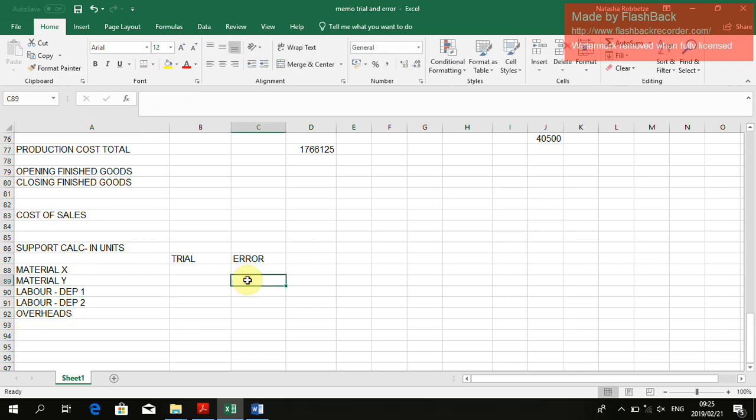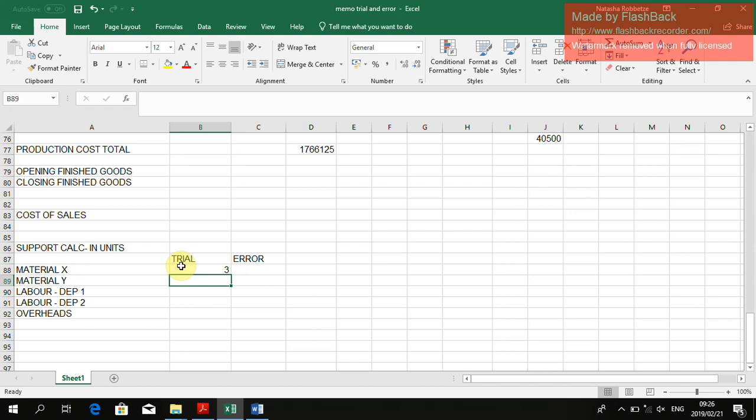So we are trying to calculate what the cost or what the value is of a single unit that we have. So for material X, it would be for trial 2 kilograms times 1.50.